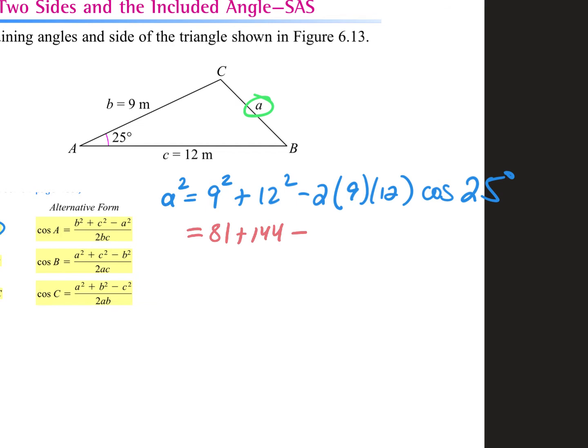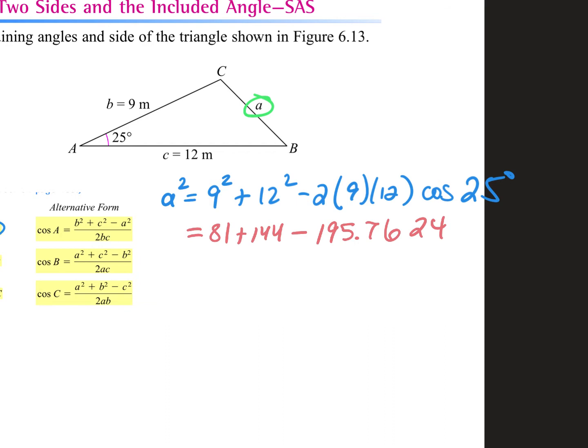You can multiply all that together. 2 times 9 times 12 times cosine 25 is 195.76. Give me 4 decimal places. 195.7624. Okay. Did you guys get the same thing? We agree?